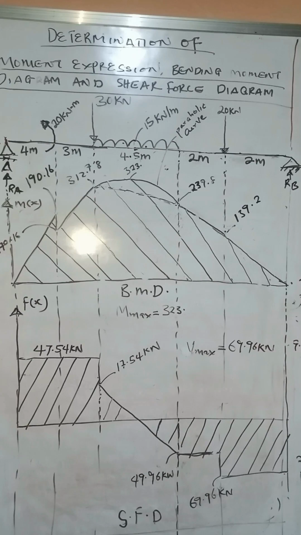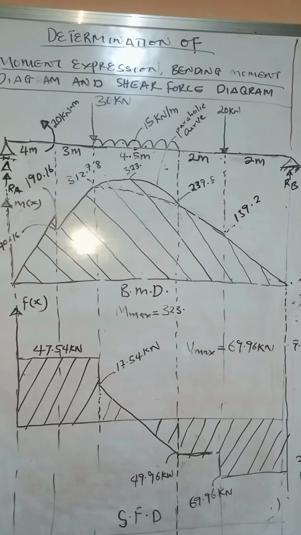That is the maximum moment of that parabolic curve, and of course that moment automatically becomes the maximum moment of this particular beam. Similarly, the maximum shear force of this beam is 69.96 kilonewtons. With this, I believe we'll be able to do anything on bending moment. Thank you very much.